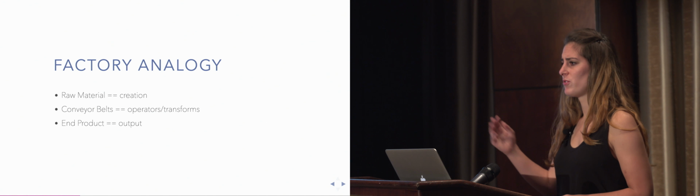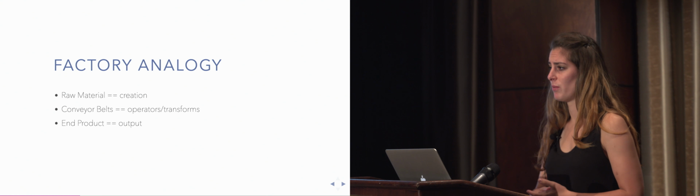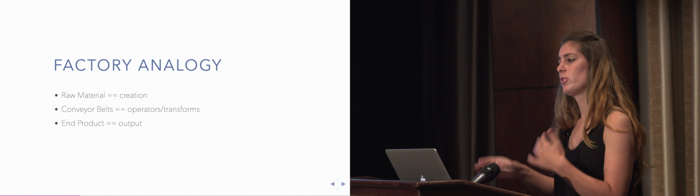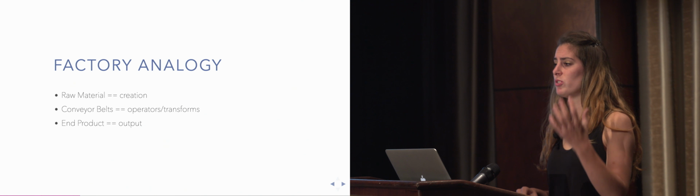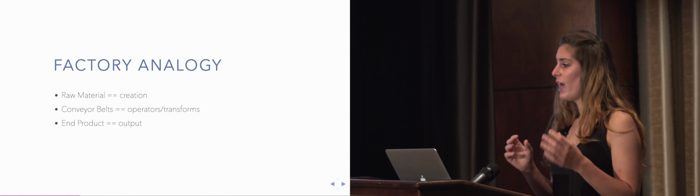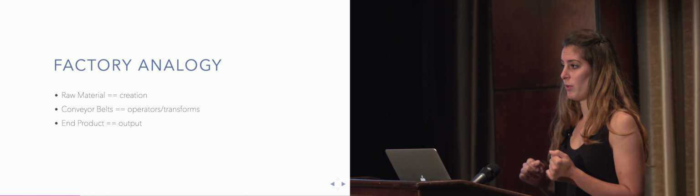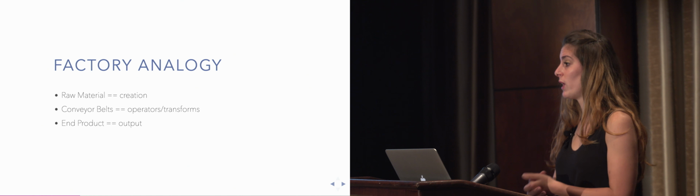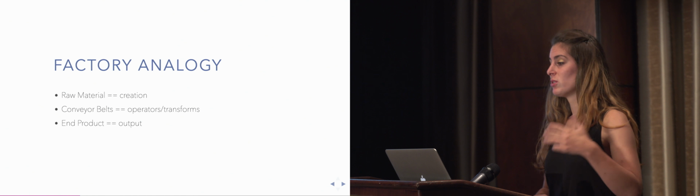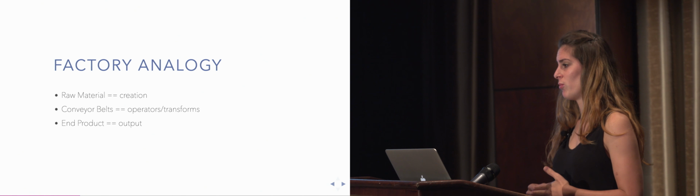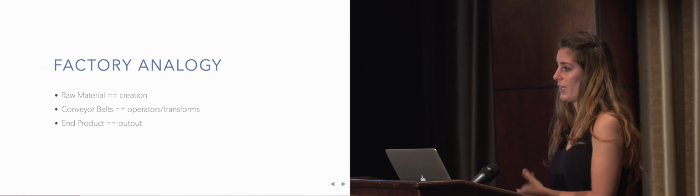And you also might introduce some other resources from a different factory. Maybe you need rubber to make tires. And as you progress down all of these conveyor belts, you shape it and you add to it. And eventually, when this car gets pushed out the door, you have your final product, which in our case is where we get the data out of the stream. So we put something in, some raw material, we shape it in many different ways, and then at the end, we get the product that we want.